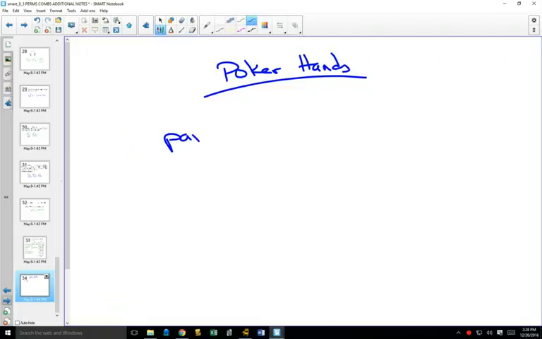let's just start off with a single pair. So in poker, to get a single pair means you have two cards that are the same, but the other three cards are all different. How do we count this? How many poker hands have one pair?